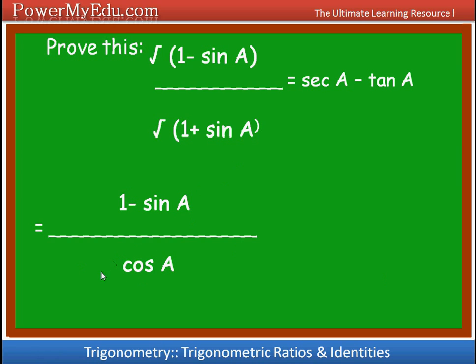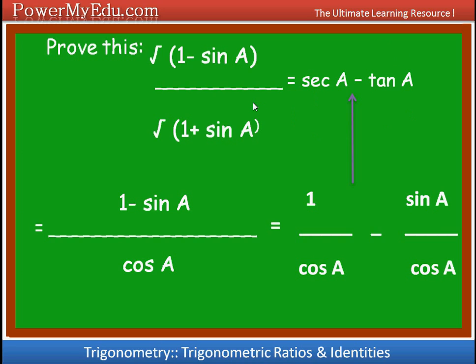It was root over cos square a, the root goes away, it's cos a, which is again equal to 1 by cos a minus sin a by cos a, just separating the two terms in the numerator. This is actually equal to sec a, and sin a by cos a is equal to tan a. So our left hand side is equal to right hand side, hence it's solved.